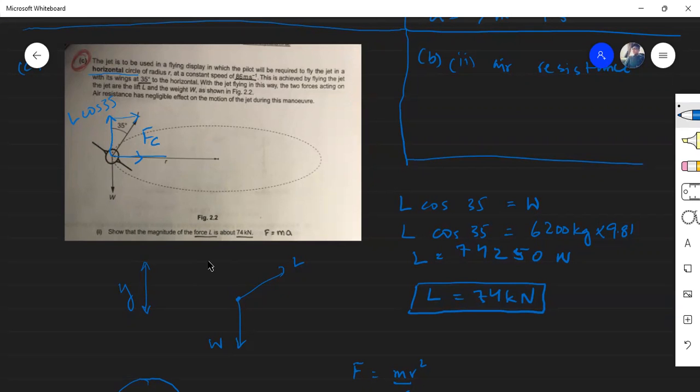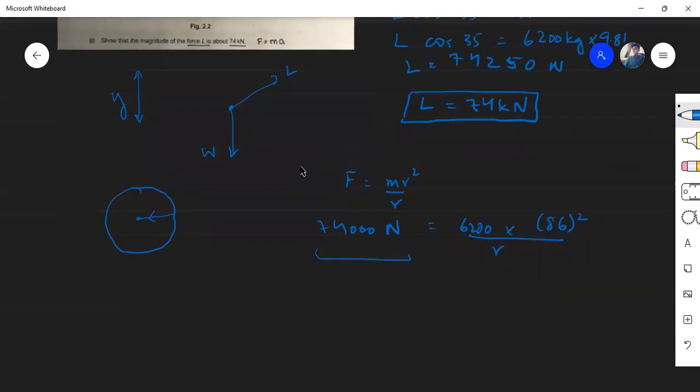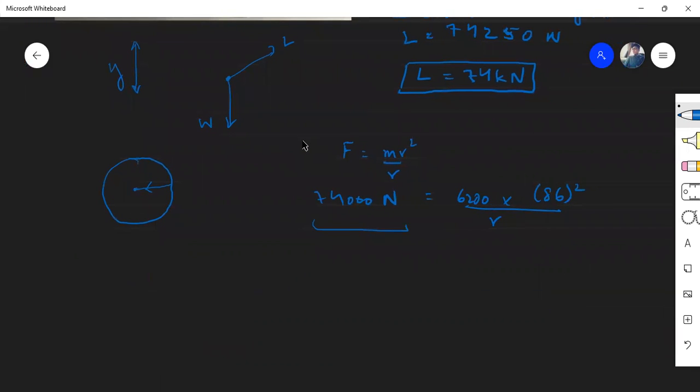I'm not sure. Okay. Let's draw this again. So this was W. This is L. So we found that this is L cos 35.